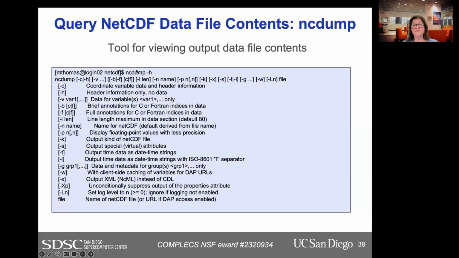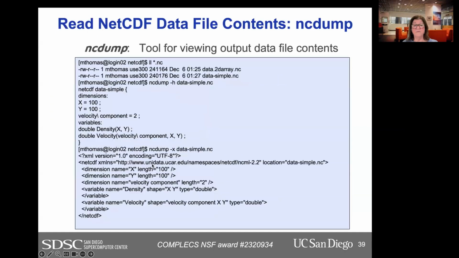So if you just do an nc dump, that's the query command, -h, it'll tell you all kinds of arguments. I just ask it to give me the data output for a very simple amount of data. So here you can see there's X and Y. It gives you the names of the variables, their definition, variable type, and then -x will give me XML output.